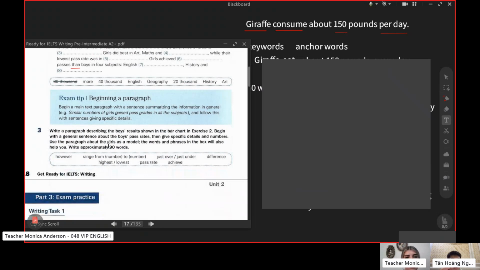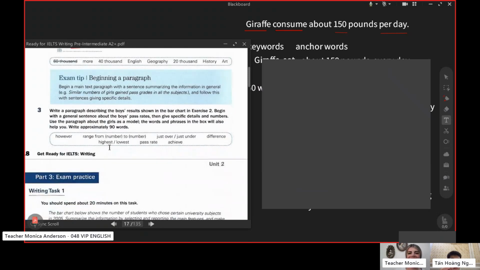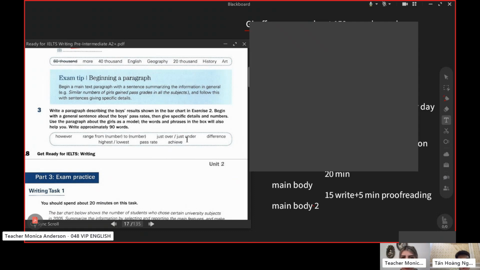Let's keep going. This is writing. Let me say something about this one. Of course, when you're going to explain a chart, you don't mention the exact numbers, for example exactly 2000, exactly 3000.